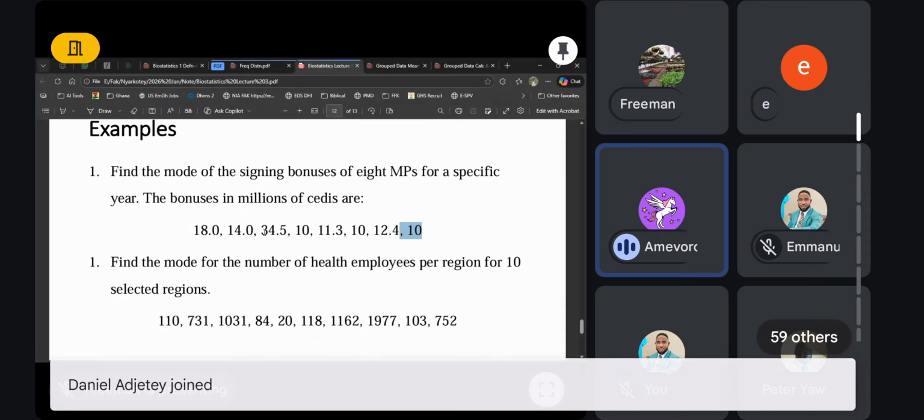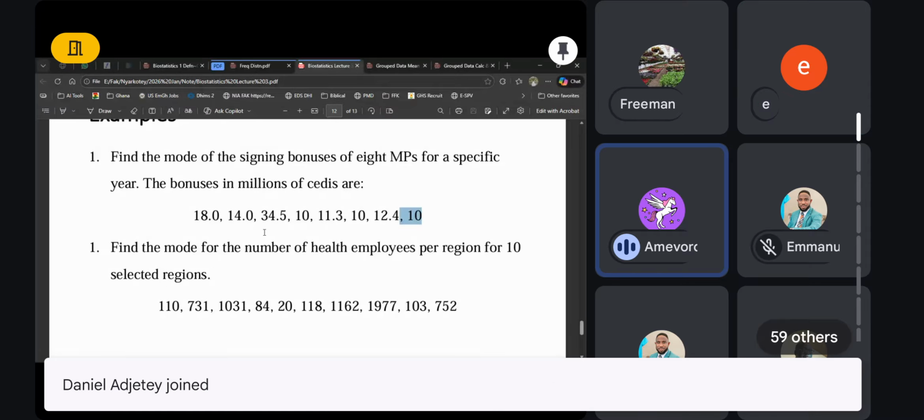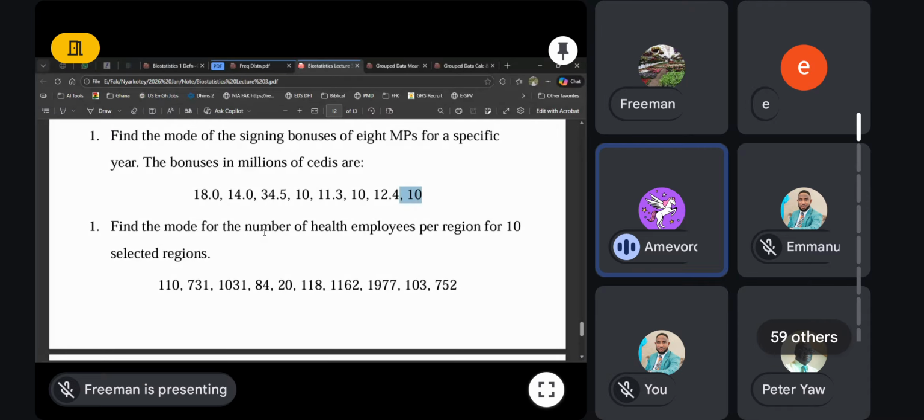There is somebody who identified himself as Ye, and he has unmuted himself and there's much noise in the background. Oh, okay.